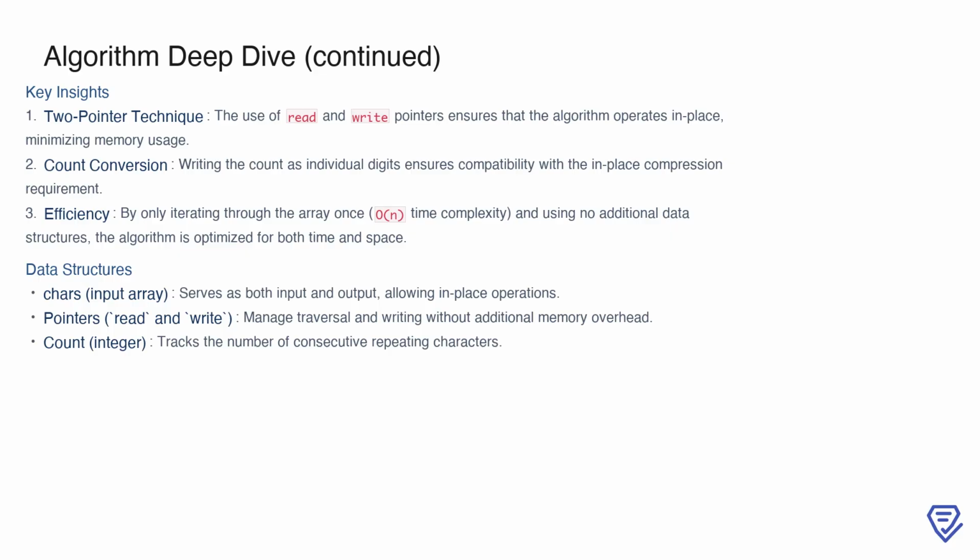Third, the algorithm is highly efficient, with a time complexity of O(n), because we only iterate through the array once, and a space complexity of O(1), as no additional data structures are used. The chars array serves as both the input and the output, while the read and write pointers manage traversal and writing. Lastly, the count variable helps track the size of repeating groups, ensuring the algorithm is both simple and efficient.